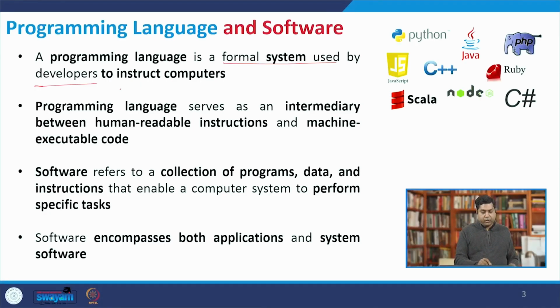Basically it is a formal system used by developers to instruct computers, and the computer will do either the computational thing, or it may be a visual rendering that it gives as output. Programming language serves as an intermediary between human readable instruction and machine executable code.